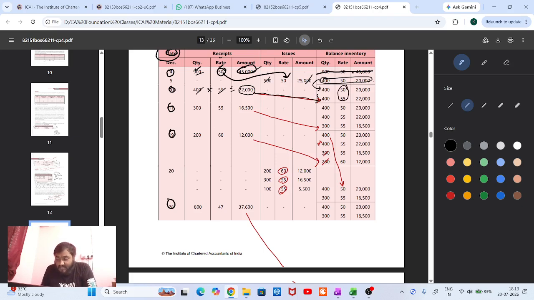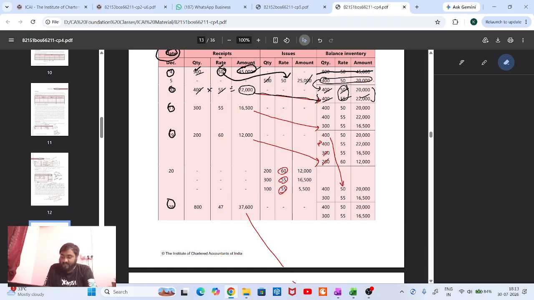If the rates were the same, we could club these two. Since the rates are different, we are showing two different stuff, right? We are not clubbing these two.